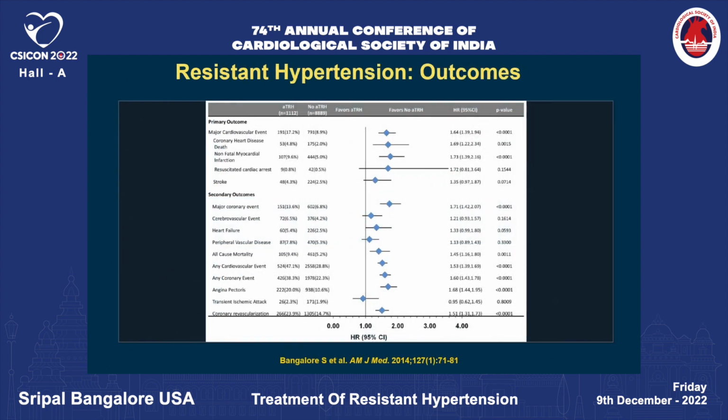Why should we care about resistant hypertension? We have published a number of articles looking at the impact of resistant hypertension on various groups of patients. This is data on resistant hypertension in patients who have coronary artery disease.